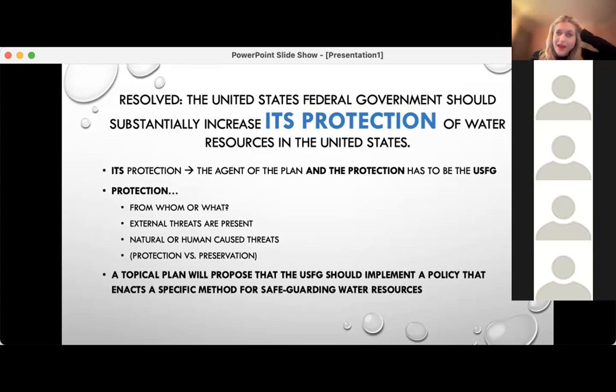But then within that topic, the affirmative gets to decide what specific threats and harms and what specific plan they are going to enact and what that will solve for.